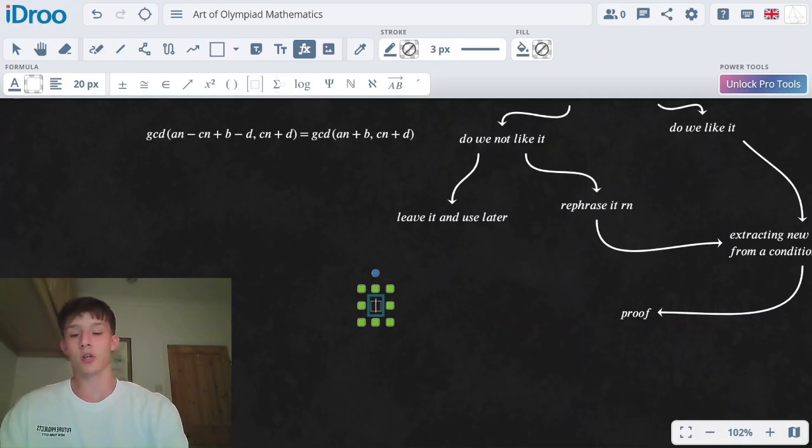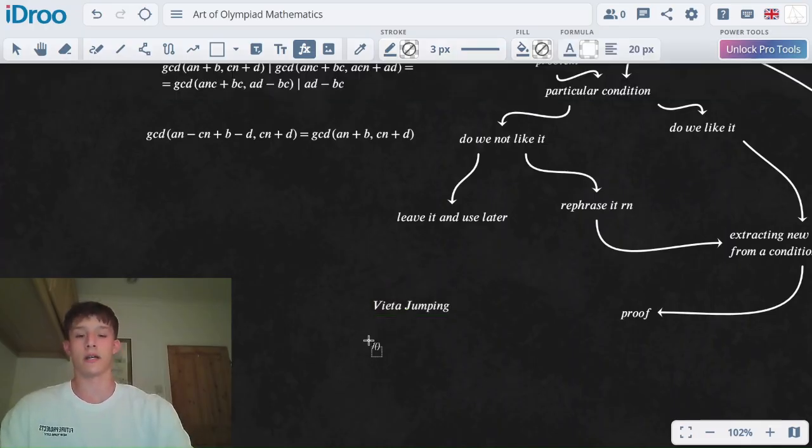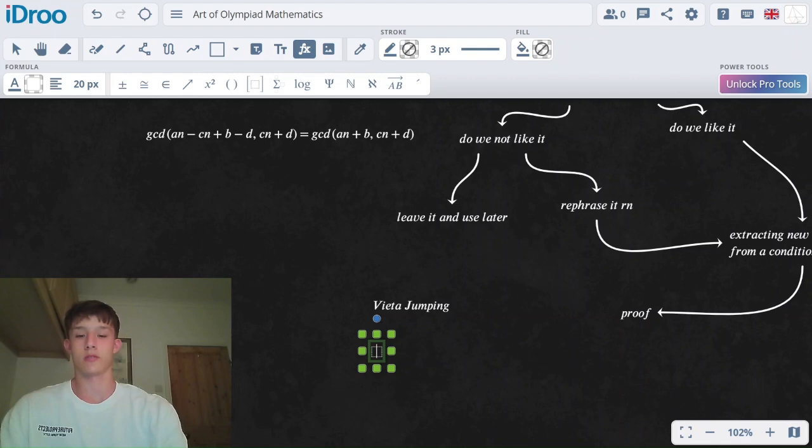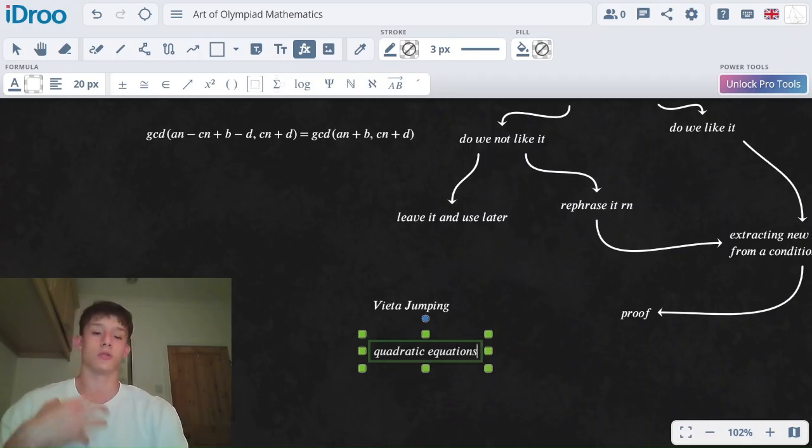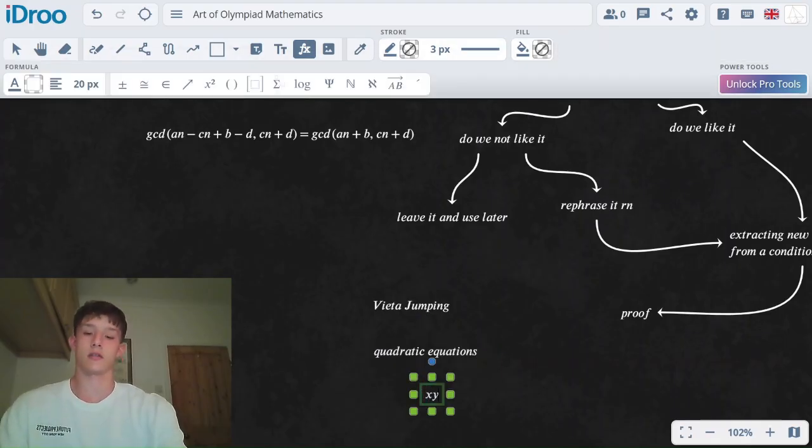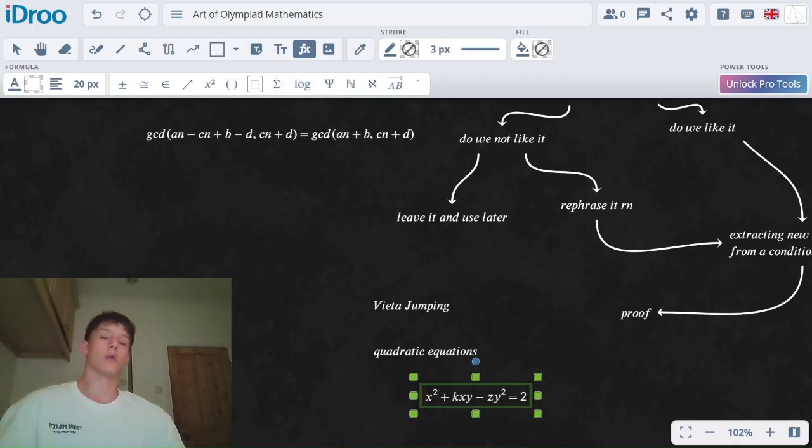There's a concept called Vieta jumping. And Vieta jumping is basically a method where we look at quadratic equations. Essentially, what you want to do in quadratic equations is they're always of shape something like x squared plus kxy minus y squared, and so on.